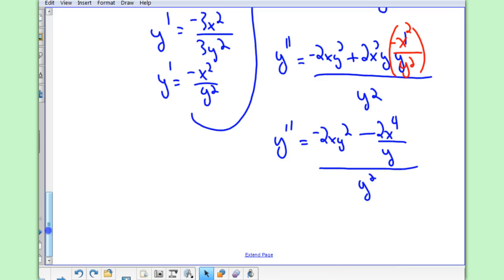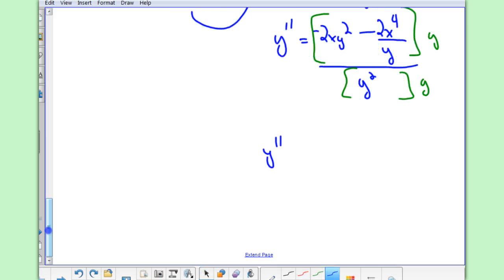Now we can't leave a complex fraction like that, so we multiply the whole top by y and the whole bottom by y, and we end up with y double prime is equal to minus 2xy cubed minus 2x to the fourth all over y to the 5.